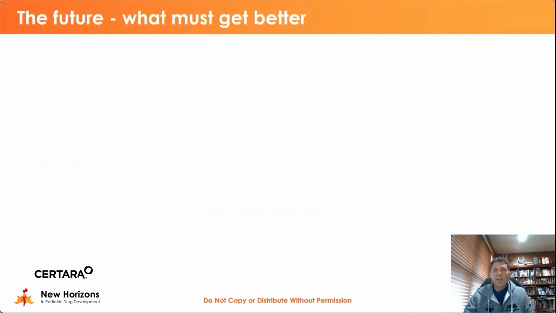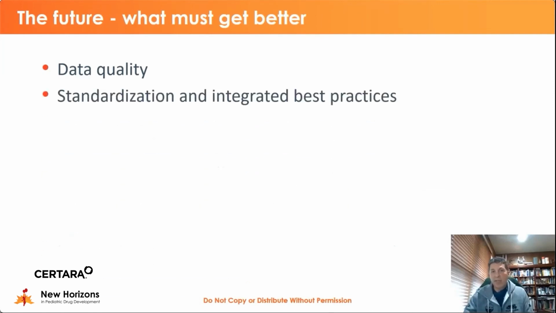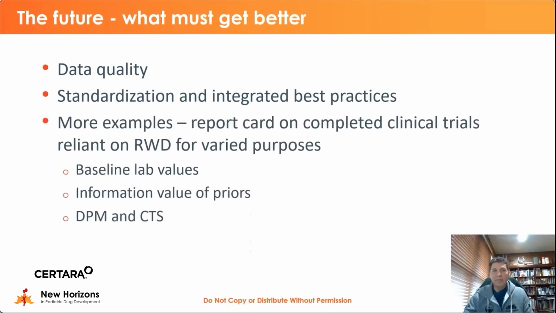Now, in conclusion, what absolutely has to get better is the issue around data quality. We will take everything as we have it at the beginning here, but in the future, we're hoping to drive the expectation that data quality can get better. We're also hoping to give guidance in terms of standardization and best practices around data integration from the coupling of real-world data sources with traditional structured data.